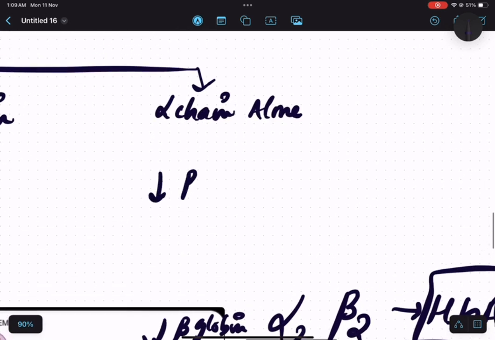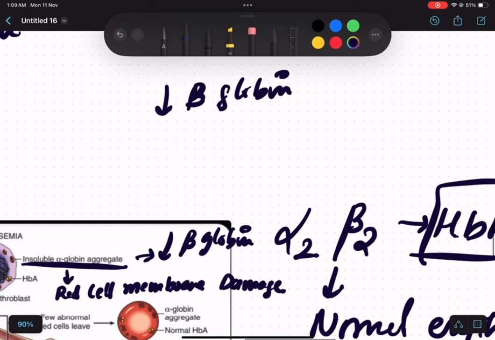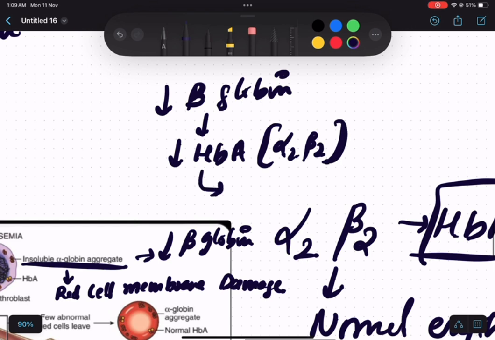There is a deficiency of beta globin, and there is also a decreased production of HbA, that is alpha 2 beta 2. HbA is the normal adult hemoglobin, where 95% of the normal red blood cell consists of HbA.